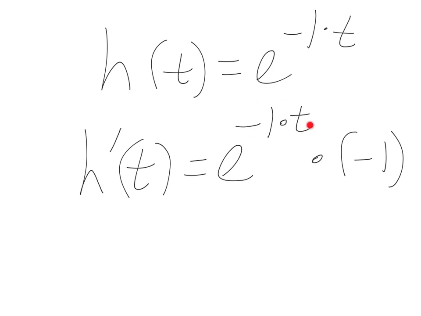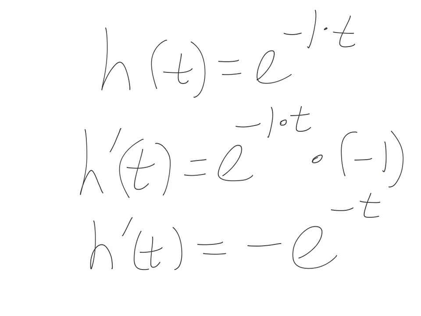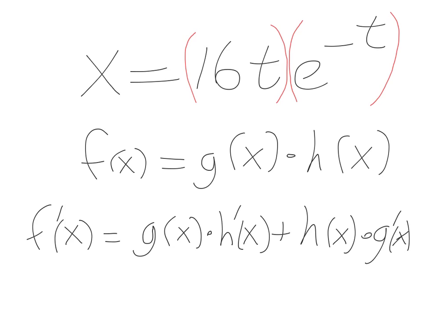I have to multiply by the derivative of the equation that's inside of the equation, and the derivative of minus 1 times t is minus 1. So finally I have the derivative of e to the minus t is in fact minus e to the minus t. Now back to our original equation.